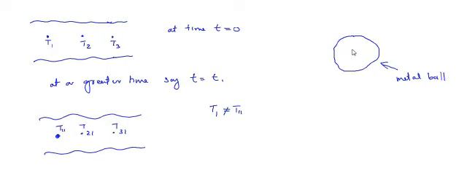Let us assume that we have already heated this to some temperature Ts. Now the temperature of this metal ball is Ts, which is greater than the ambient temperature. I'm taking the ambient temperature as T infinity. So Ts is greater than T infinity.